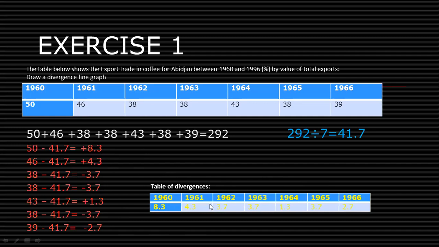I'm seeing some people having their hands up. Yes, please. We are requesting, is it needed to round off those figures?